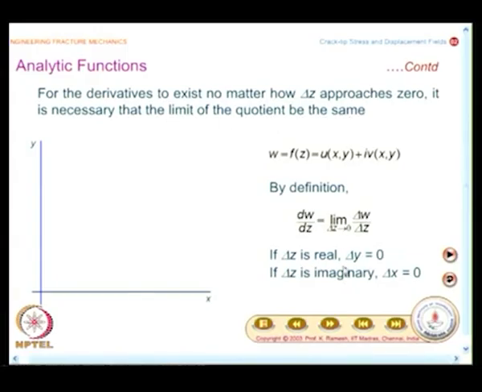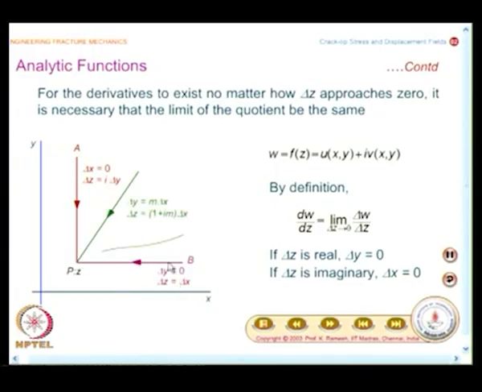And we have looked at two possibilities. One is, if delta z is real, delta y equal to 0. If delta z is imaginary, delta x equal to 0. And you have a graph that illustrates this. When delta z is imaginary, you will proceed like this.